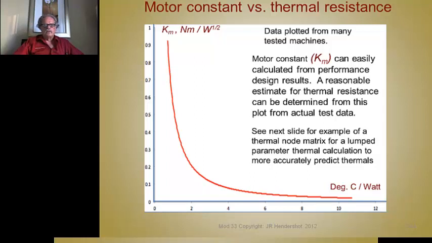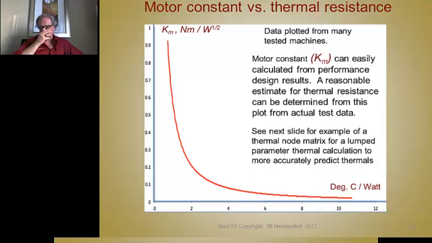So what one should do is plot the motor constant versus the thermal constant. If you do this, using this parabolic curve, you ought to be able to estimate what the thermal constant is for any motor that you're designing.